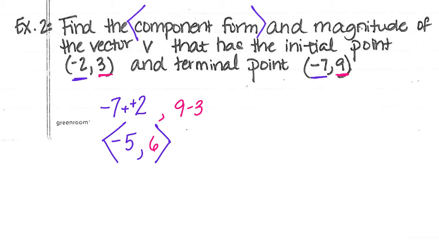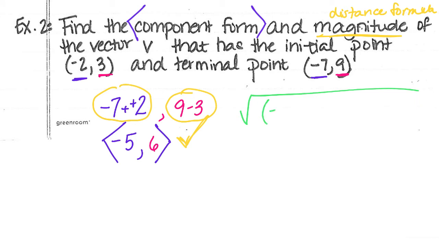Component form, carets. Now, the beautiful thing about component form is I can take this and straight from here, I can do the magnitude. Because remember, we just subtracted these, which is what we do for the magnitude, like we did in example 1, which is the distance formula. So again, this is just that distance formula from good old Algebra 1. Now remember, I could do the same thing, -7 minus a -2 and square it, and 9 minus 3 and square it.